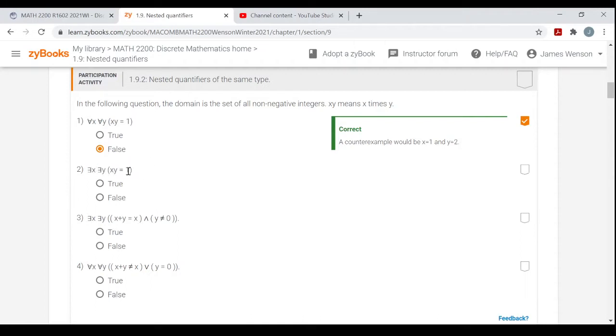All right, I'll just do number 2. Number 2 is similar, but instead of two back-to-back universal quantifiers, we have back-to-back existential quantifiers. So I'll write that out and go to a piece of paper and show you some stuff.